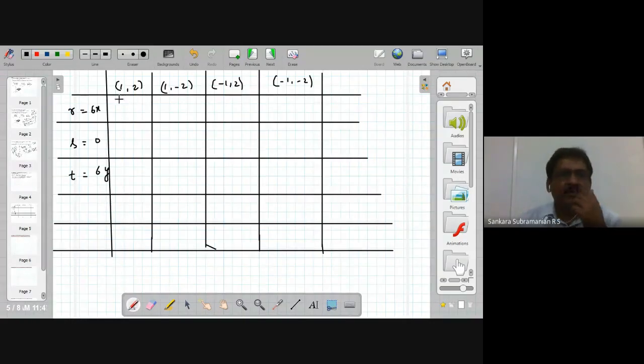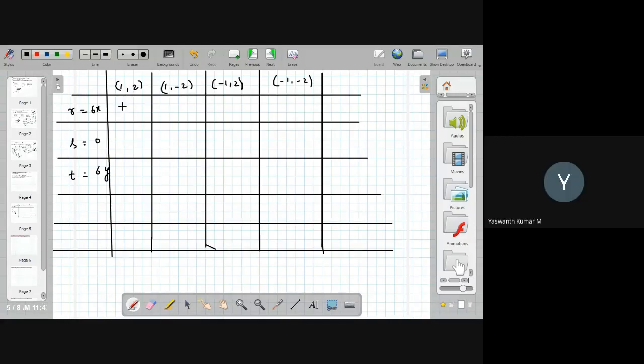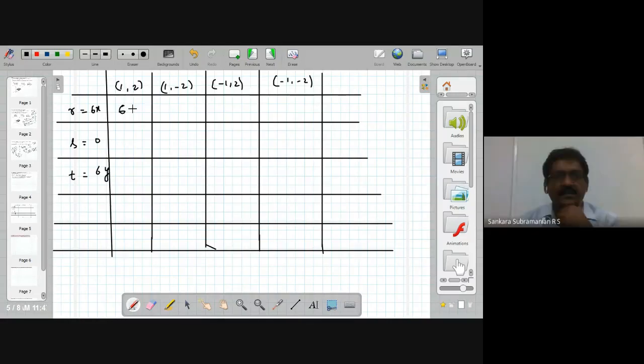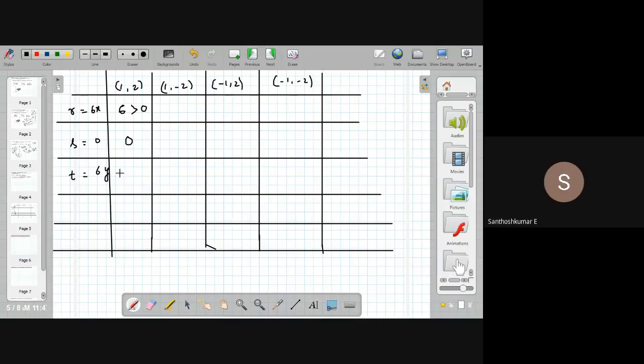So what is the R value for the point 1, 2? You have to put x equal to 1, y equal to 2. You get R as 6, which is greater than 0. S is always 0, and T is 6 twos are 12, which is greater than 0.